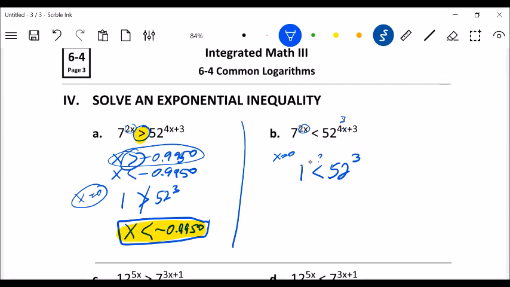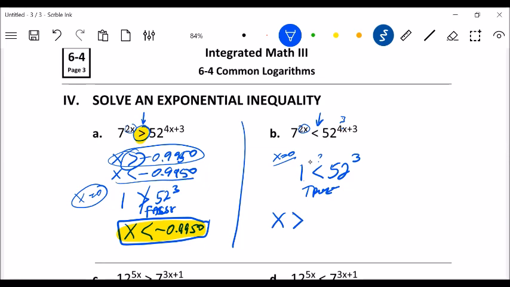Here it was false because it had to make one side greater than the other. Here it had to make one side less than the other. And because x equals 0 worked, this one is true in this case.